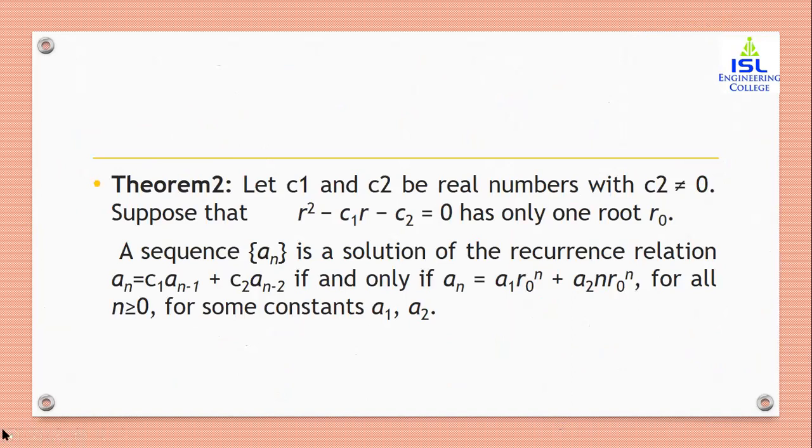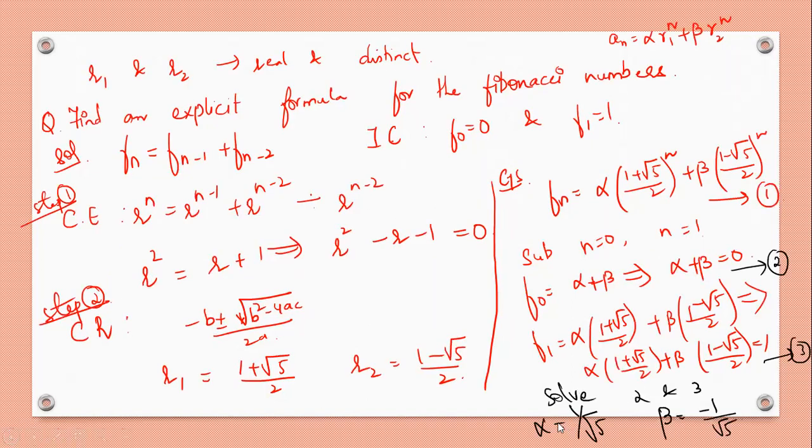Now we got alpha and beta. Finally, I'm writing the solution over here. At the end, for the Fibonacci numbers, we have to substitute the alpha and beta values in equation 1.